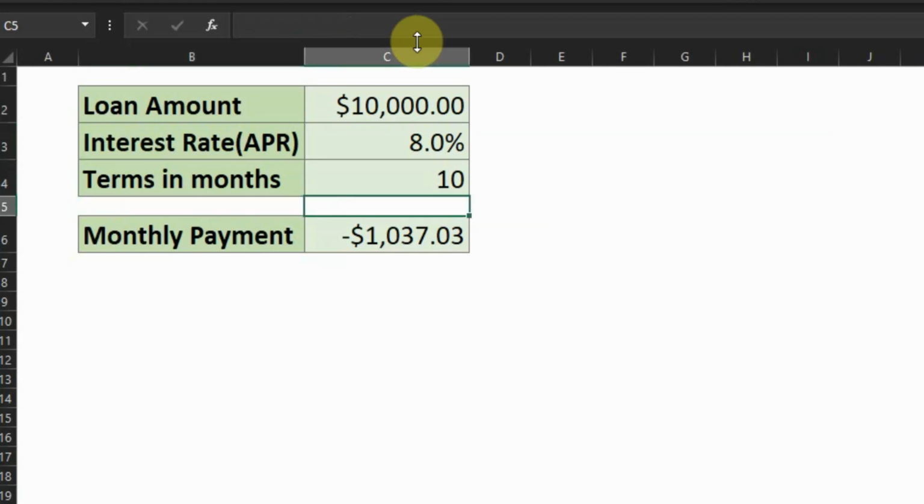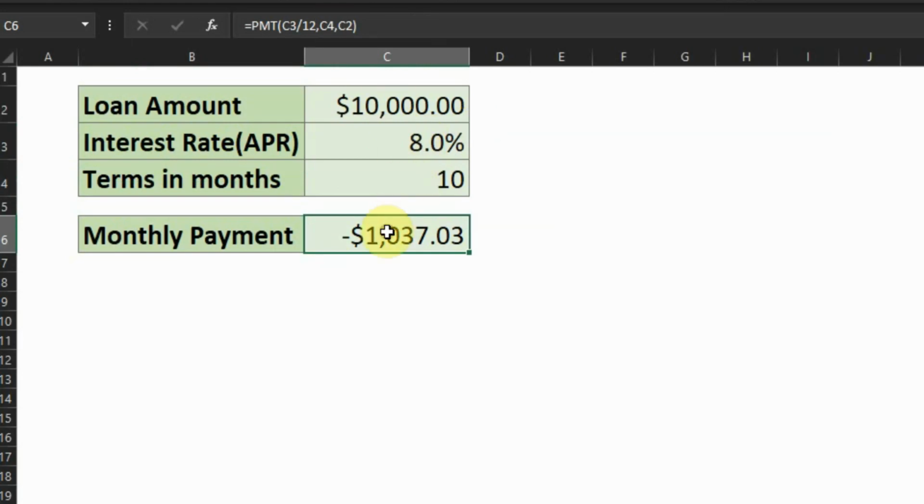So if you are to compute for PMT, our monthly payment, then that is our interest rate, which is 8% divided by 12, because of course we need to get the monthly interest rate.